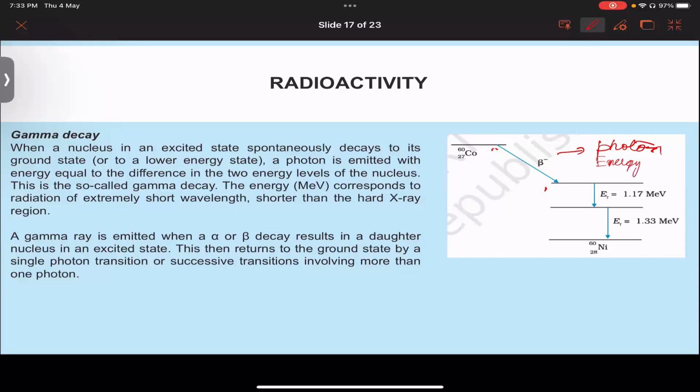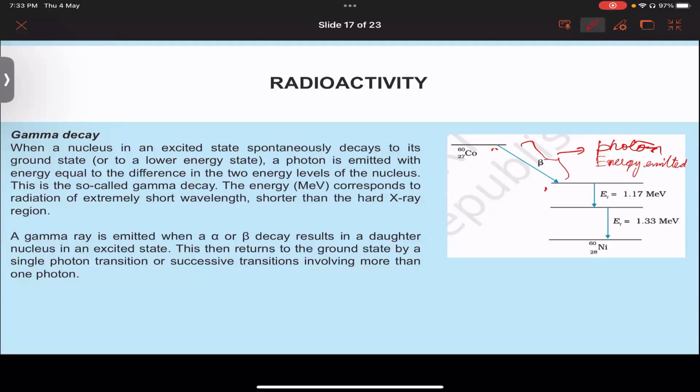So this is called gamma decay, and the energy in mega electron volts corresponds to radiation of extremely short wavelength, shorter than X-rays also.